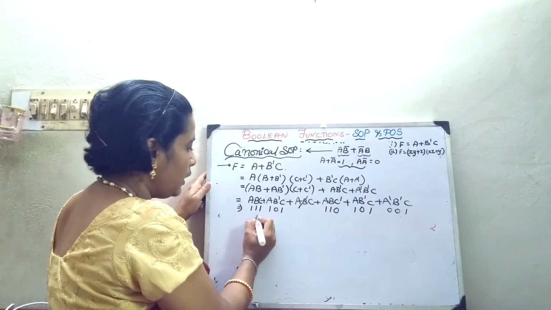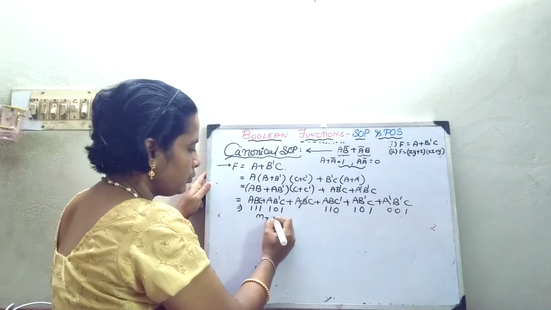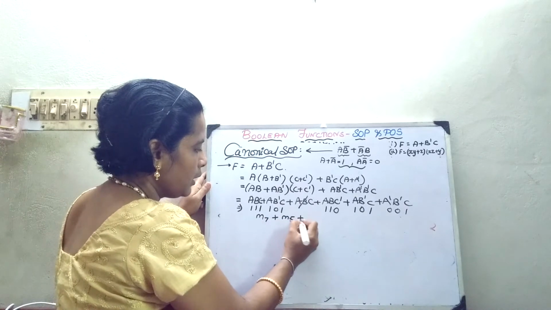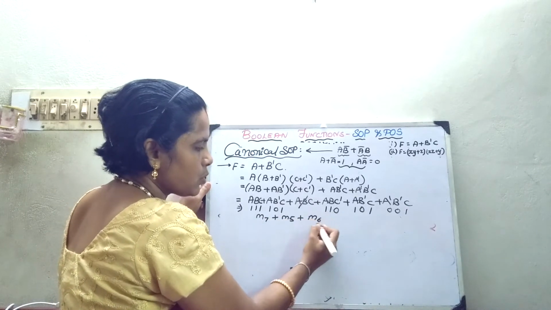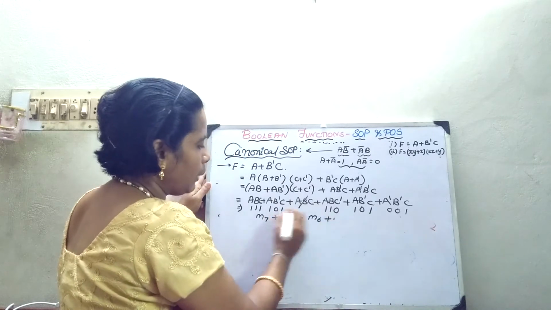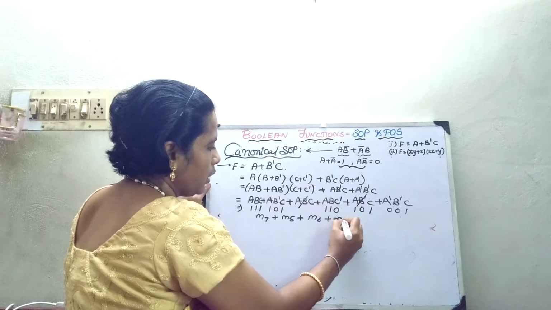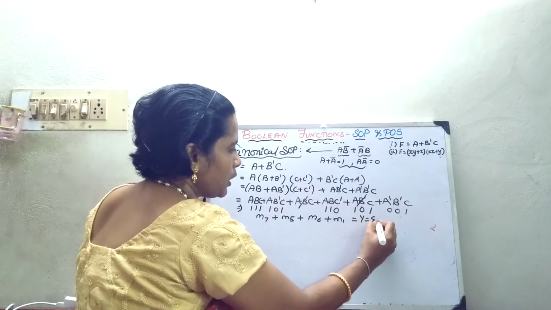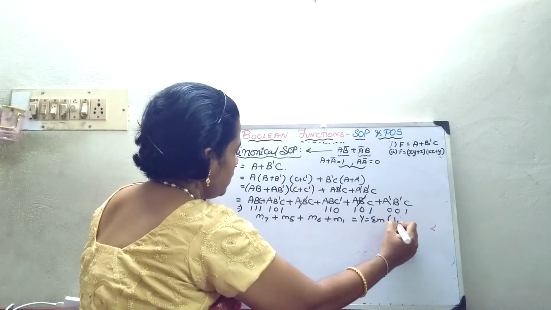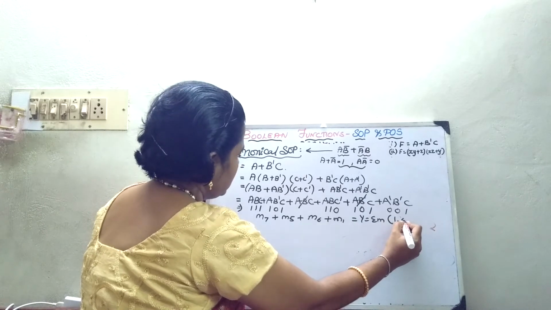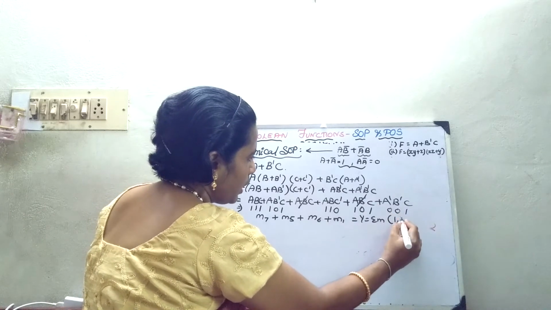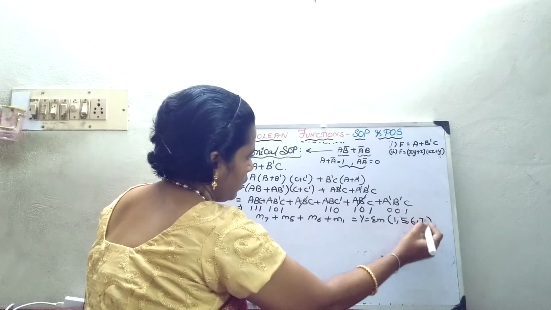This is nothing but M7 plus M5. 110 is 6, so M6 plus again M5 is there, so no need to write it once again. Next it is M1. So I can write my expression as 1, 5, 6, 7.